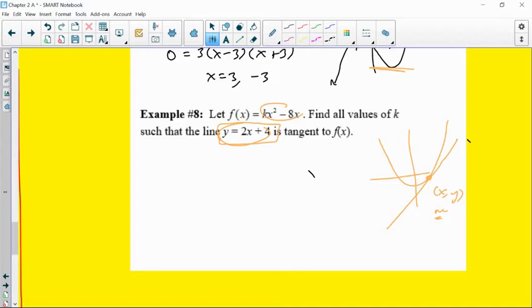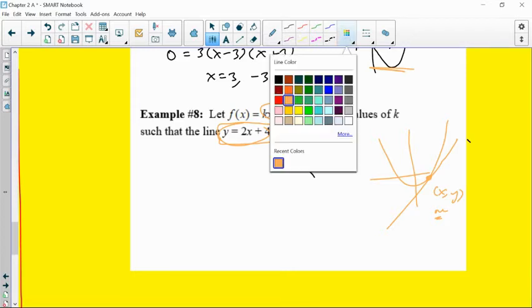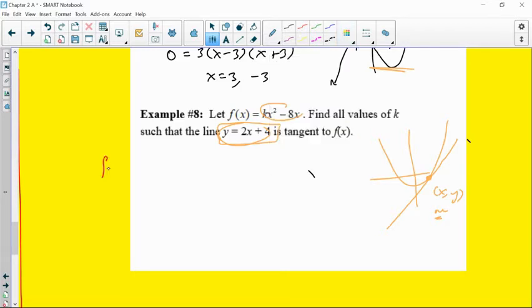First thing I'm going to do is look at the slope. So I'm going to look at f prime. So f prime of x is equal to, k is a constant, so the 2 comes in front, 2kx minus 8. So that's the derivative at any point of our parabola. Now, what's the slope of this equation, or what's the derivative of that?